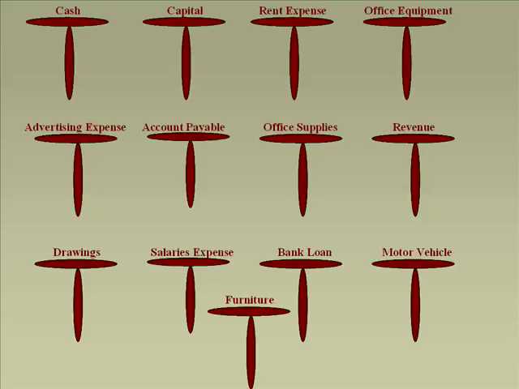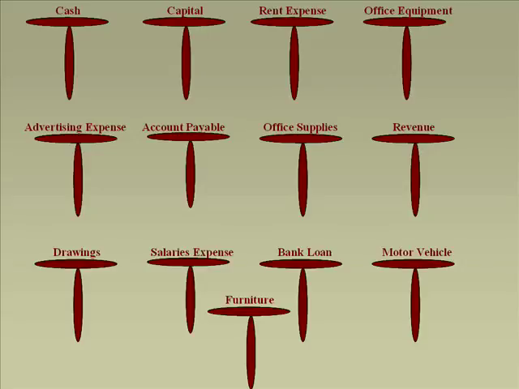Now, print this page out. I want you, for each one, based on your knowledge, to put plus or minus. For example, let's take the first one. Cash is an asset. What did Pacioli say about assets?